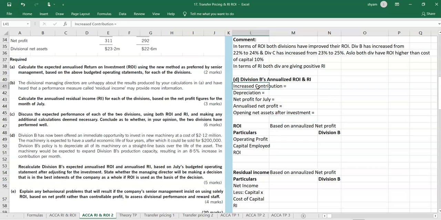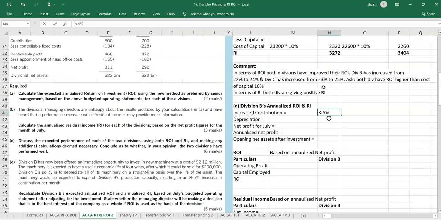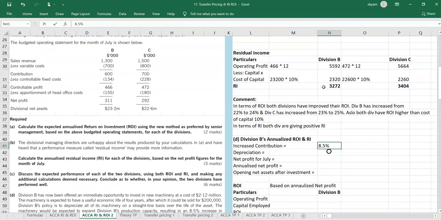Before working out, we have to get the contribution and all. So what is the increased contribution? Increased contribution is going to be 8.5 of the contribution, which is currently 600.